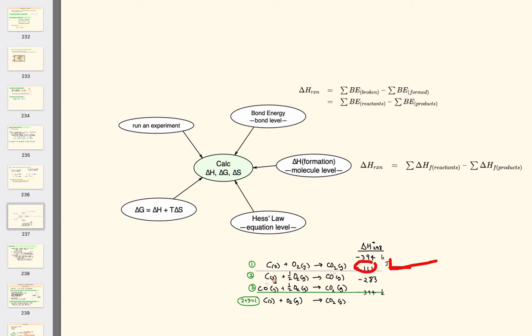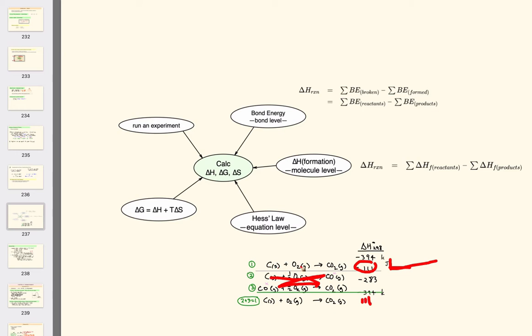Well, I could do this in 2 steps. I could go from carbon to carbon monoxide and then from carbon monoxide to carbon dioxide. When I add these two together, 349 minus 283, this one was obviously exothermic and this one was obviously endothermic. When I add those together, guess what I get? Oh, I get 111.